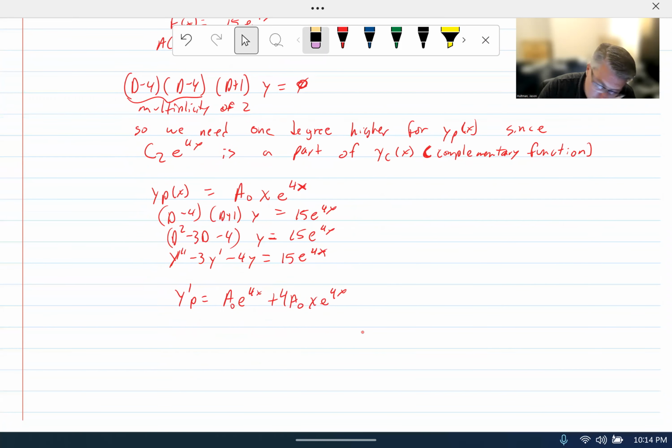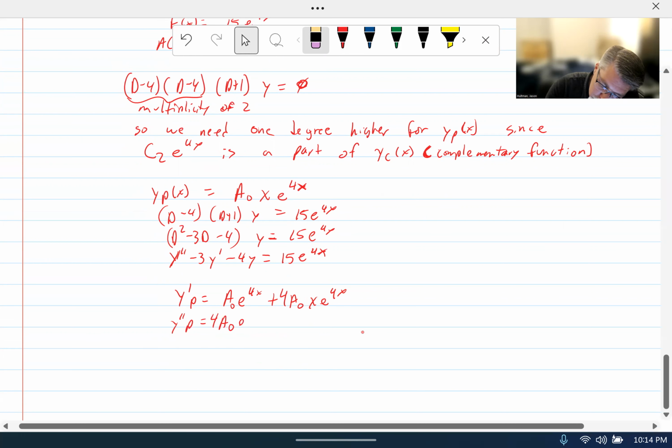Now let's take a second derivative of that. y_p'' is going to be 4A_0 e^(4x) plus, and then I get the product rule again, which is going to be 4A_0 e^(4x).